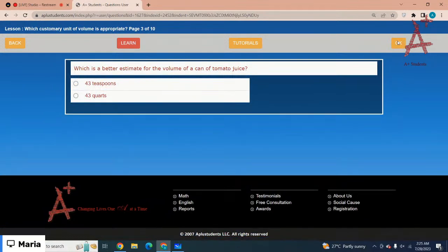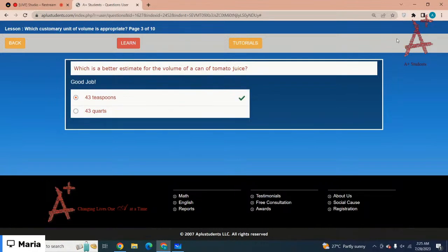Okay, the next one is which is the better estimate for the volume of a can of tomato juice? 43 teaspoons or 43 quarts, which is the correct option? I think it would be 43 teaspoons, because quarts is much bigger for a can of tomato juice.